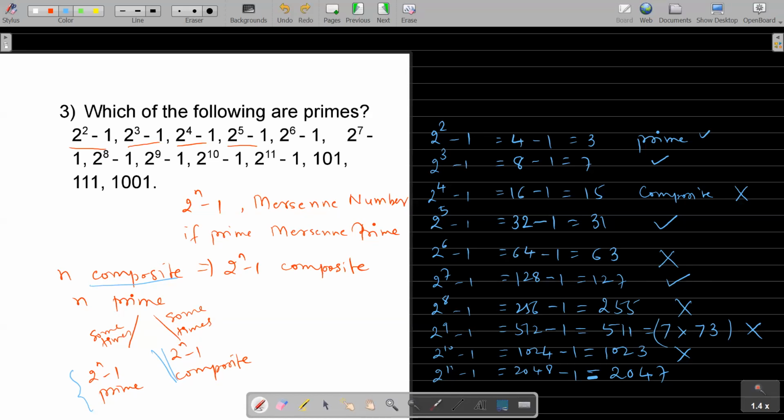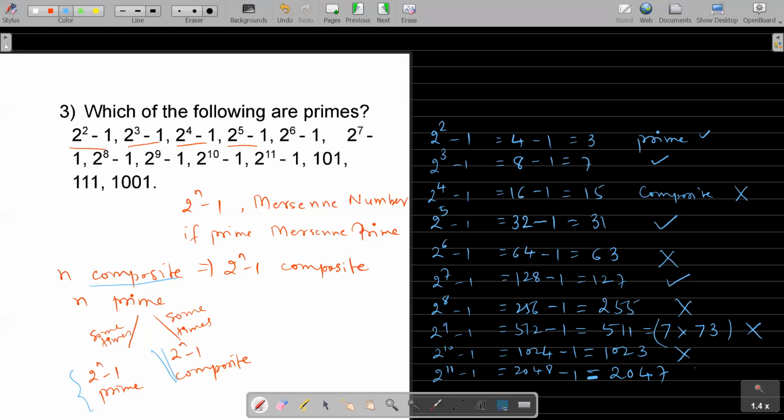And without any calculator or any app or any use of computers, manually check whether 2047 is prime or composite. Sir, it's prime. Okay, so I'm giving you the answer.